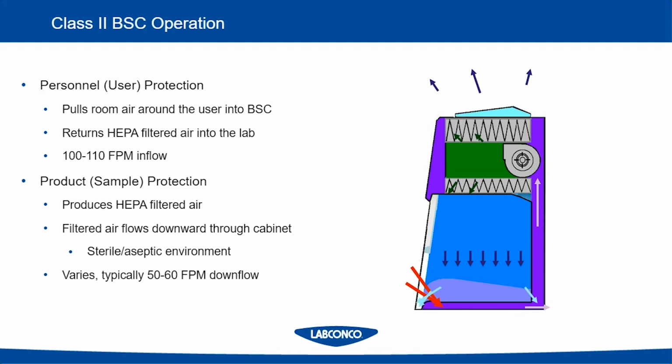The exhaust airflow and the supply airflow are HEPA filtered. This HEPA filtered air in most cabinets returns to the room. The inflow air is around 100 to 110 feet per minute, and product protection is provided by the supply downflow air. Downflow velocities tend to vary by manufacturer, but usually range somewhere between 50 and 60 feet per minute.